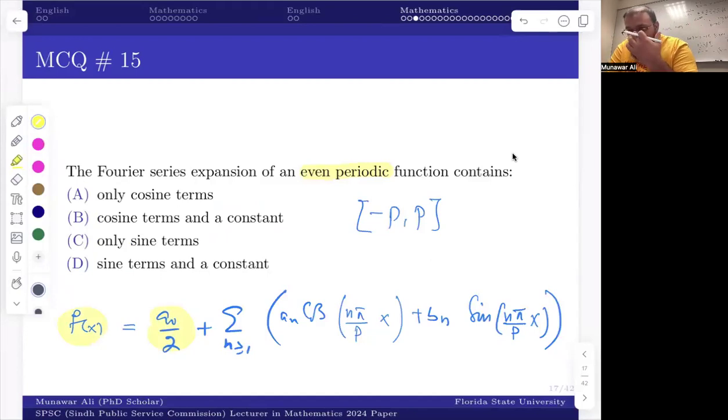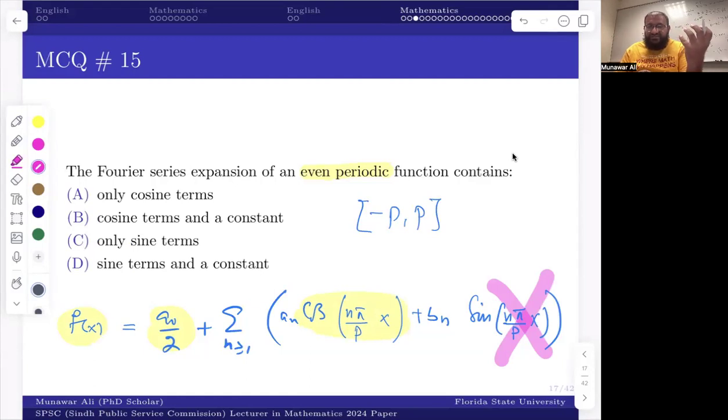Cosine is an even function, and sine is not an even function, so I have to cancel this. It means if f of x is even, its Fourier series representation will contain a constant and a cosine function.